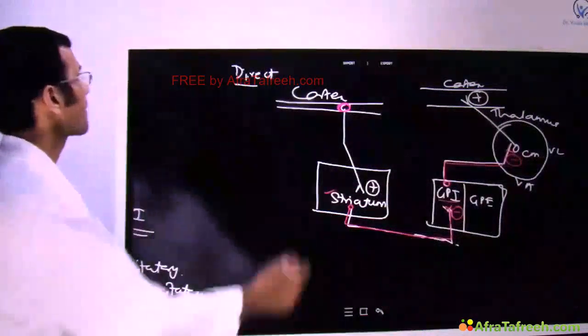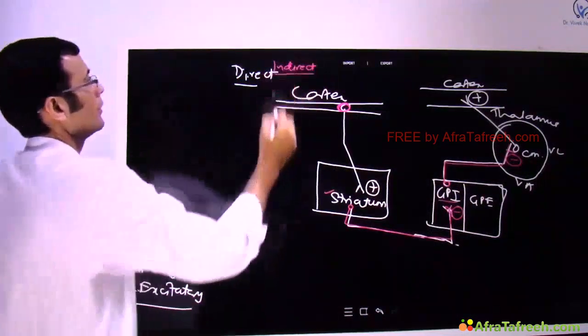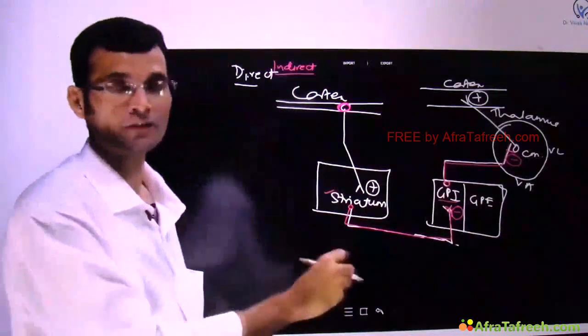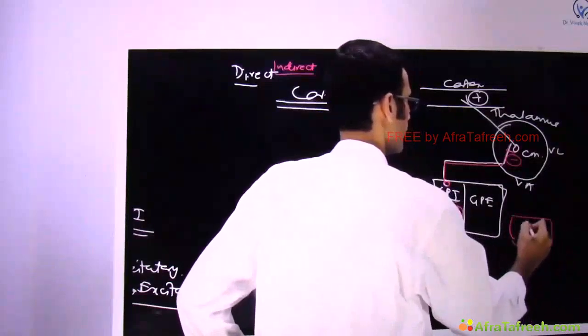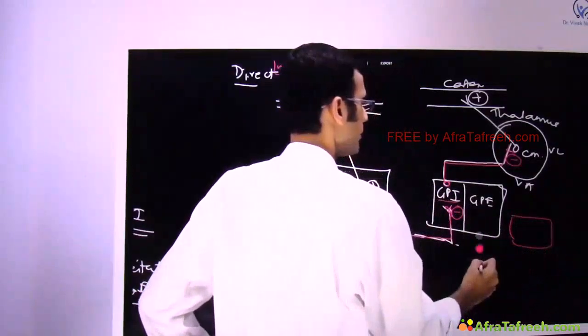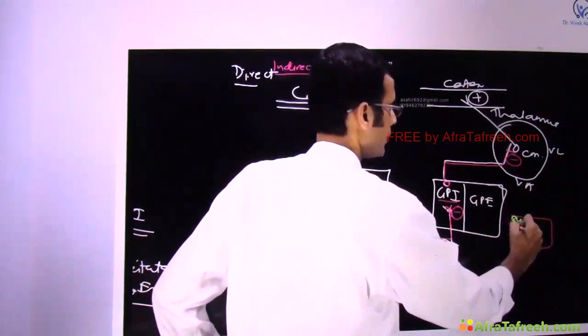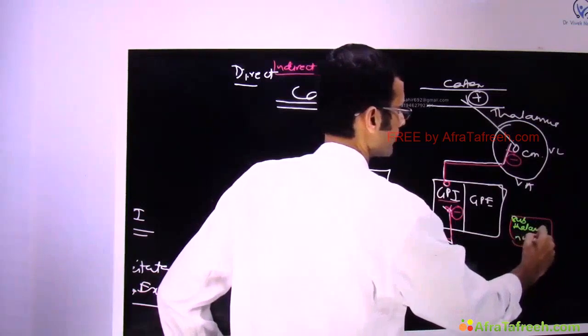Next, there is the indirect circuit. This will include just one extra additional structure, a subthalamic nucleus. Below the thalamus, there is this subthalamic nucleus.